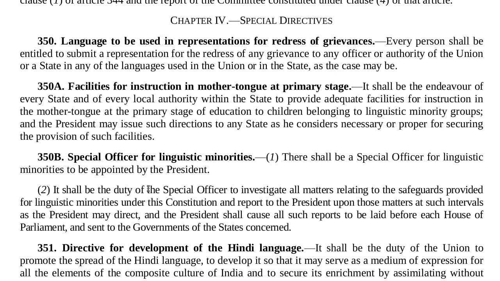It shall be the duty of the Special Officer to investigate all matters relating to the safeguards provided for linguistic minorities under this Constitution and report to the President upon those matters at such intervals as the President may direct, and the President shall cause all such reports to be laid before each House of Parliament and sent to the Governments of the States concerned.